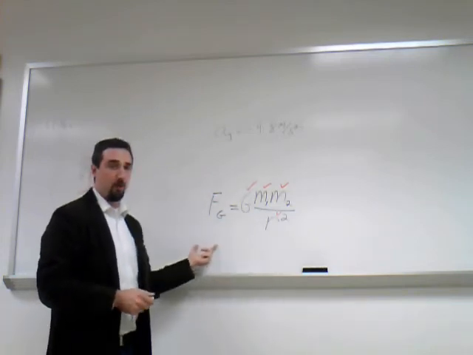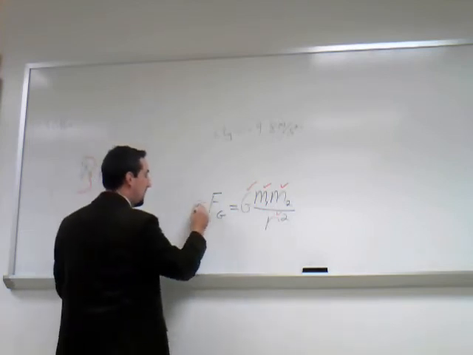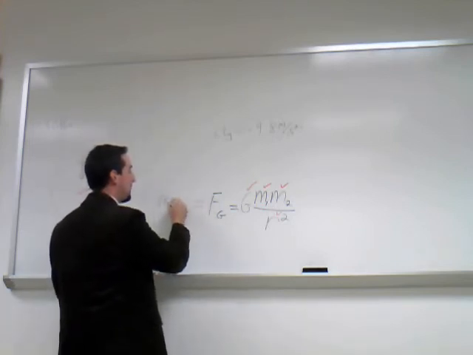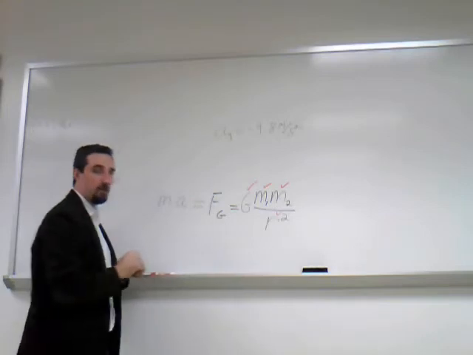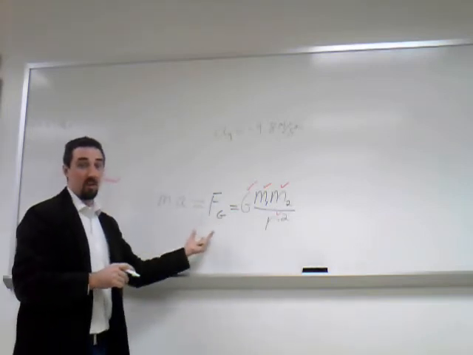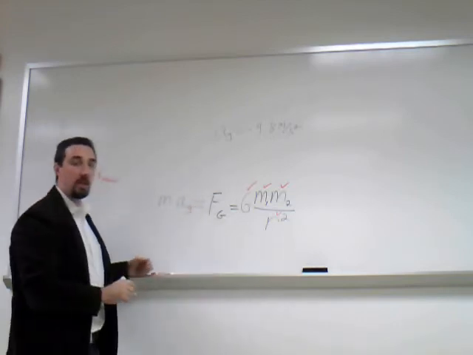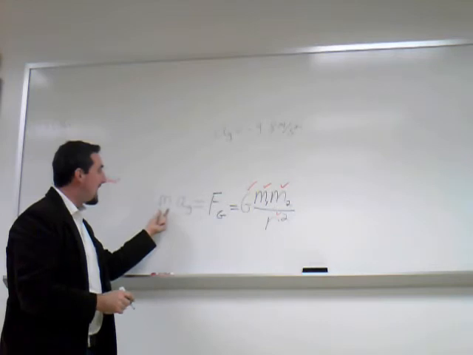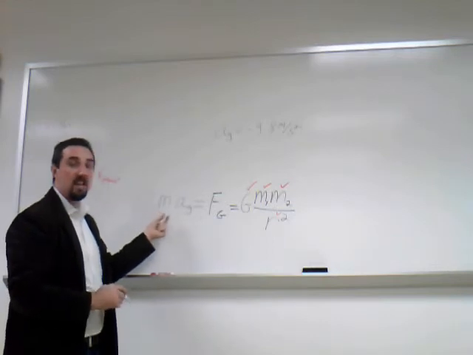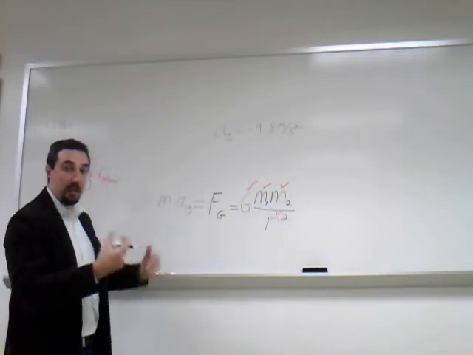Every force, according to Newton's second law, can be written as mass times acceleration. If we're talking about gravity, the acceleration due to gravity, we can call this AG. And the mass I have over here is the object that's moving, the object that gravity is pulling down.